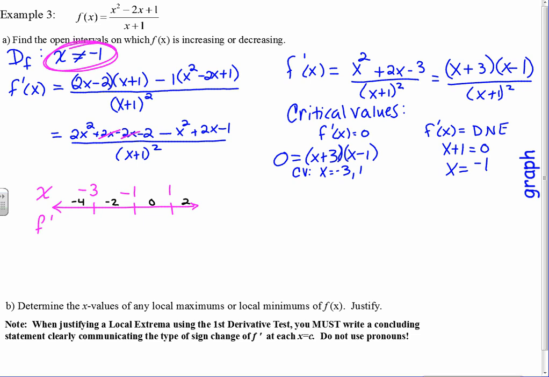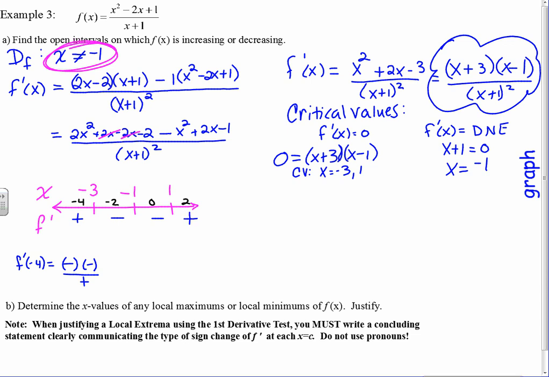Now, evaluating those, I need to take it into the first derivative. So f prime of -4, the fully factored form. So I'm spying this version right here. When I put in -4, I would have a negative times a negative divided by a positive. The bottom's always positive on that, isn't it? And that gives me a positive result in this region. I'm going to just go ahead and tuck these next ones in here. I've already pre-calculated it.